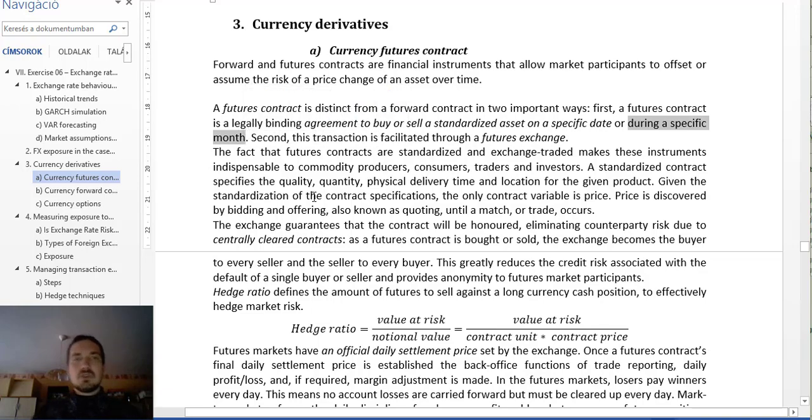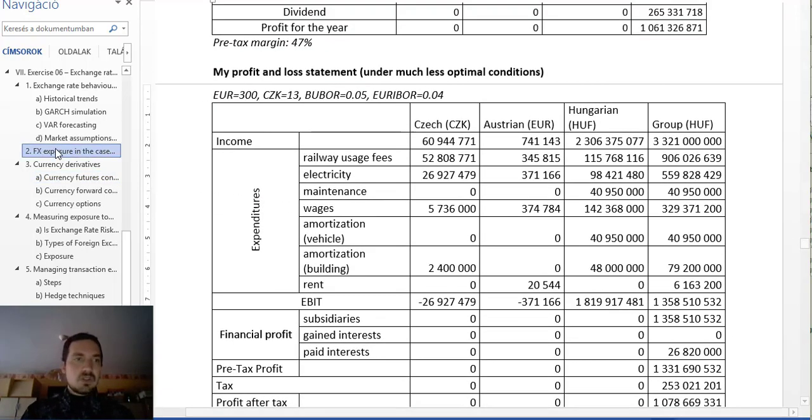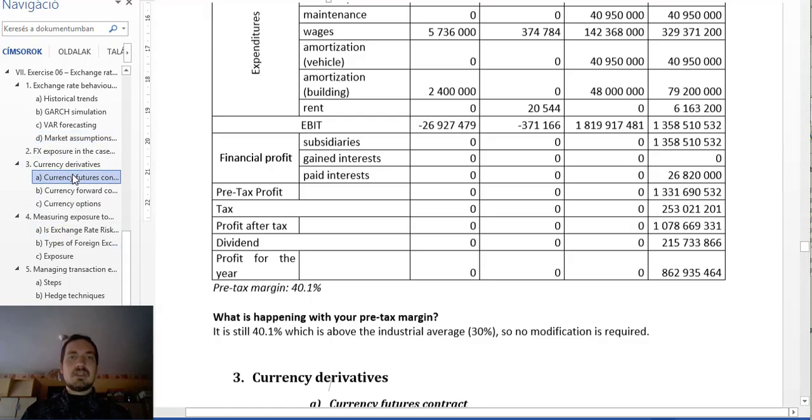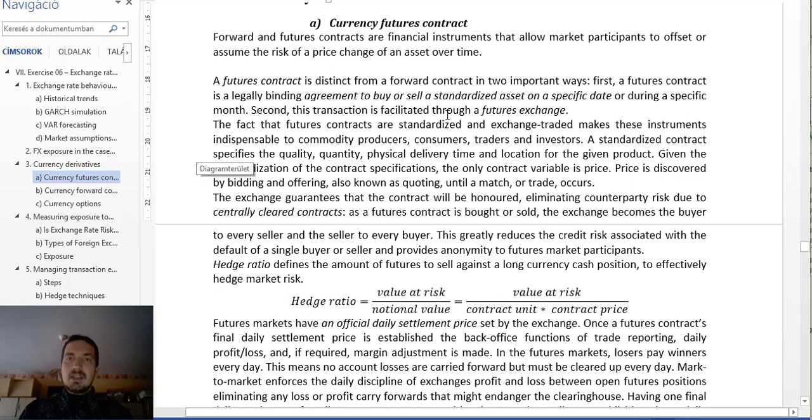Yesterday when I showed you the futures prices, you were able to see that I was talking about 2020 deliveries. That's the reason they are mostly listed in months.